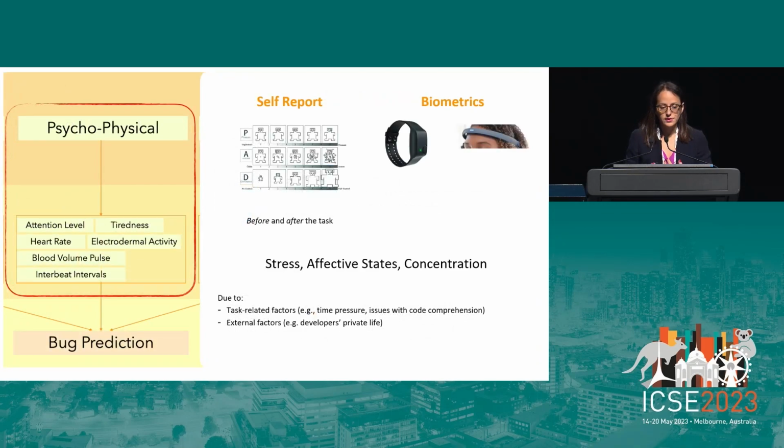And at the level of the psychophysical dimension, we measure the attention level. We measure some metrics that can be an indication of emotional condition, attention level and fatigue. In particular, we have been asking people before and after the task what kind of emotional condition they were experiencing, whether they were in a positive or a negative mood, and whether they were feeling in control of the situation, which is normally referred to as dominance.